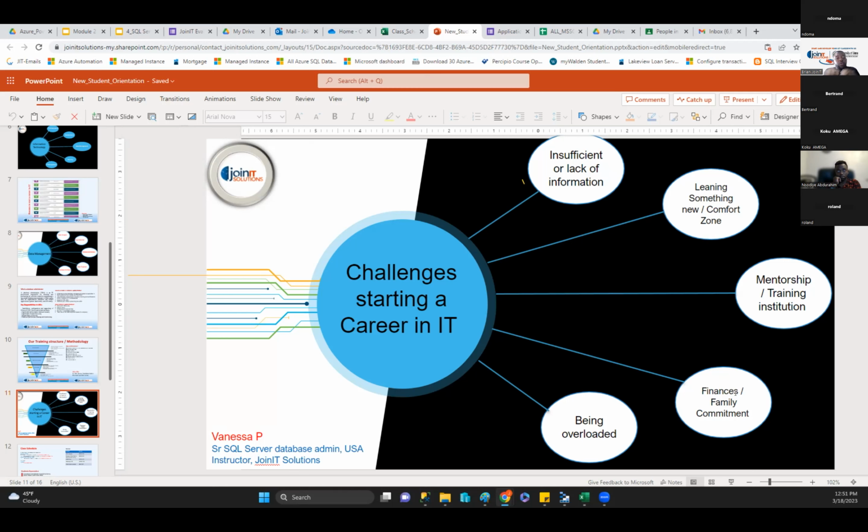At JoinIT, we even go to the point of telling you that you don't need to pay 3,000 at once, right? You pay monthly. If you pay the first month, and the second month you feel like you cannot pay, you can always postpone your training and come back and pay a retention fee and continue from there. It's not about the money.